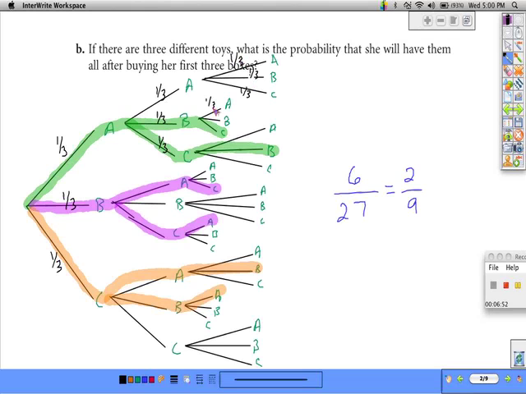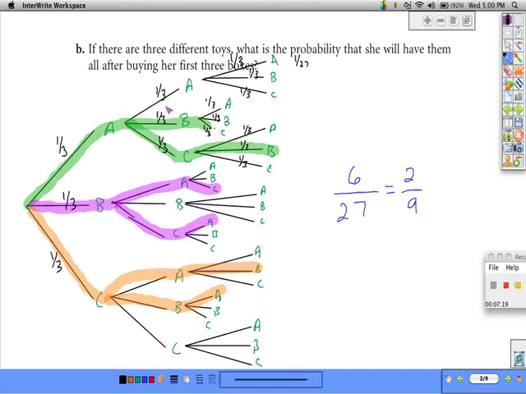And every branch on here would be labeled as 1/3 for the probability. Because the probability of getting any given toy out of any given box is always 1/3. And so if I record the probabilities like it asked me to, 27 possible paths, A, then A, then A would be 1/27th.